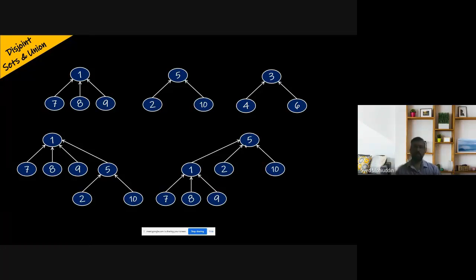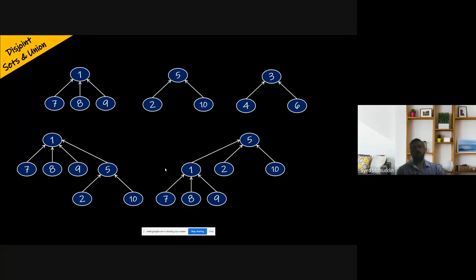Now suppose if we have to apply union for this tree with node 3 as the root, we will simply make a union with S1. We will simply make 3 as a child of node 1. So there will be an arrow here and it becomes union of these 3 sets. So this is how union is performed.